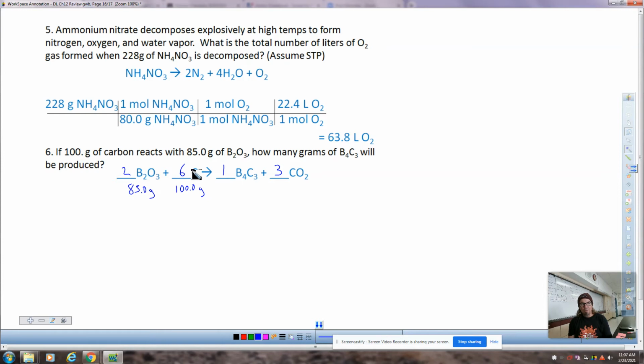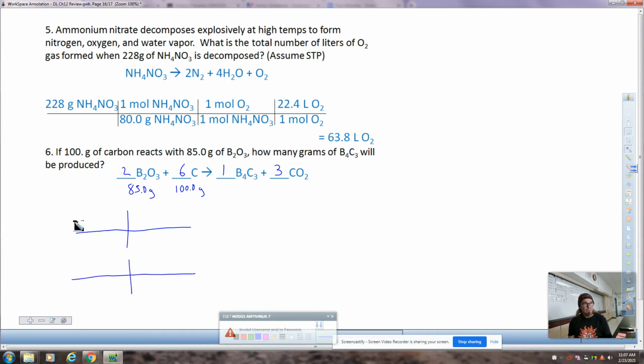Okay, we're using up the carbon at a really, really fast rate, but we have a lot of it. So which one's the limiting reactant? I can't tell. I have no choice but to work this one out as 2 separate 2-step conversion tables where I get out of 85 grams of B2O3 and get into moles of it. Do you want to call that diboron trioxide? Go ahead. Could it be called just boron oxide?